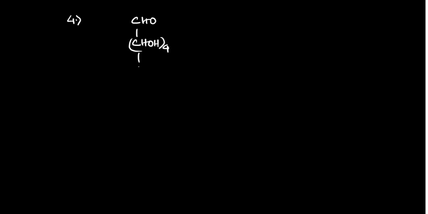If we treat this with a mild oxidizing agent like bromine water, that is going to oxidize the aldehyde group. It's not capable of oxidizing the alcoholic OH groups. So we are getting this.